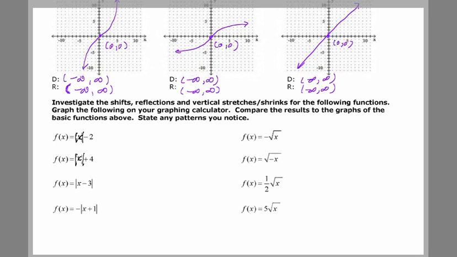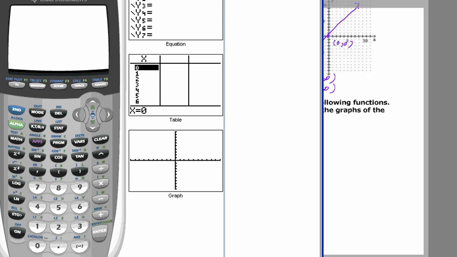So let's do absolute value of x minus 2, x plus 4. Let's actually put in those first two together. So when you pull out your calculator, you have to turn it on, and there's your on button. To input an equation, we go to this y equals, and it's ready for us to put an equation in.